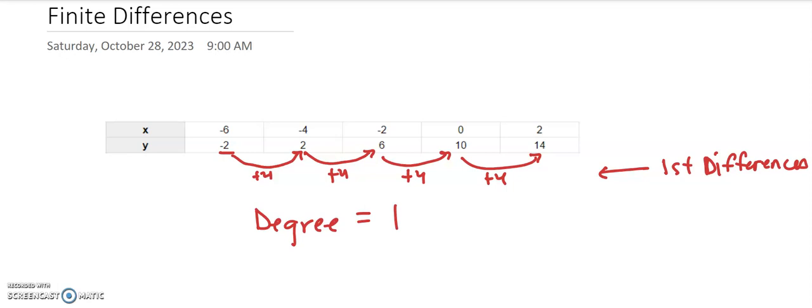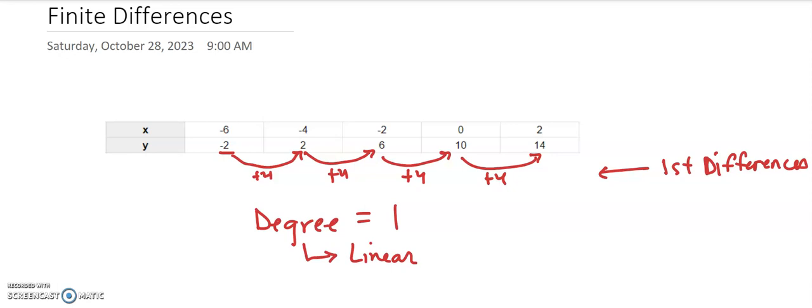Specifically, it's a linear function. I have an x to the first, which means it's linear in nature. Hopefully you can see that from the constant increase, and you're familiar with that constant rate of change. That's our slope. For a linear function, it tells us what our slope is.